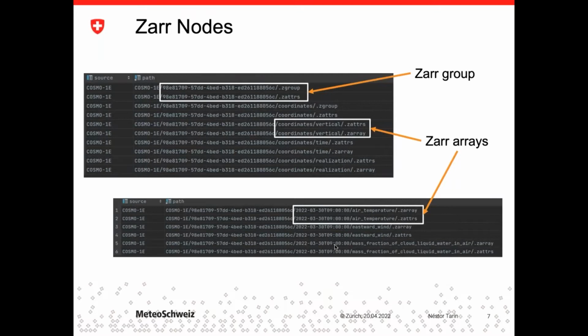The leaves are the Zarr arrays. Those would be, for example, the vertical coordinate as highlighted here, or the air temperature. Those are Zarr arrays. And then we have Zarr groups, for example the arrays that are also highlighted. Also the Cosmo 1, for example, is a root path, and is also a Zarr group.